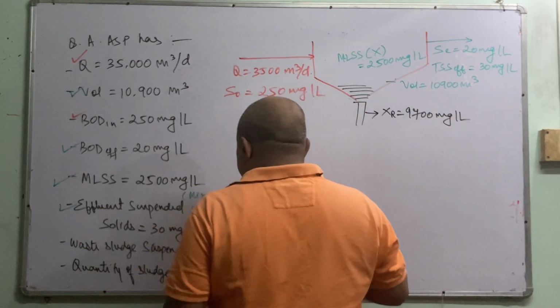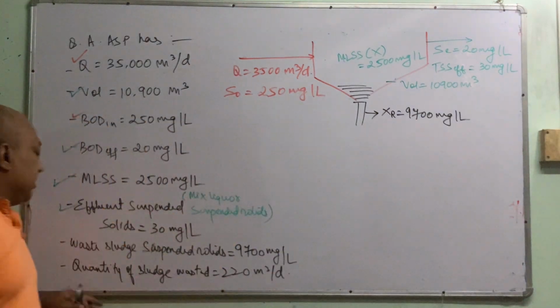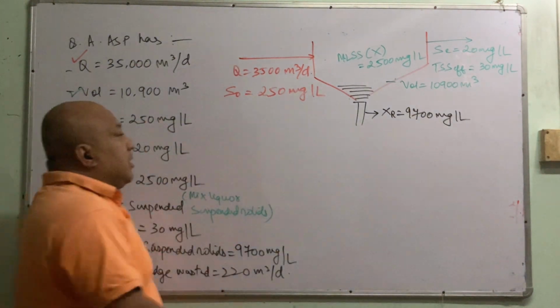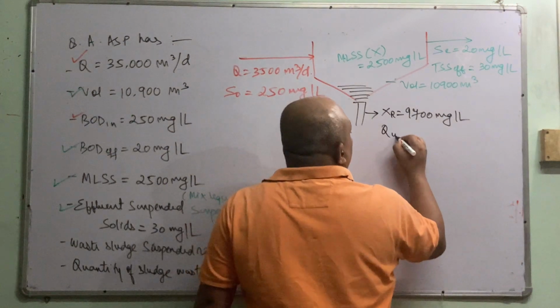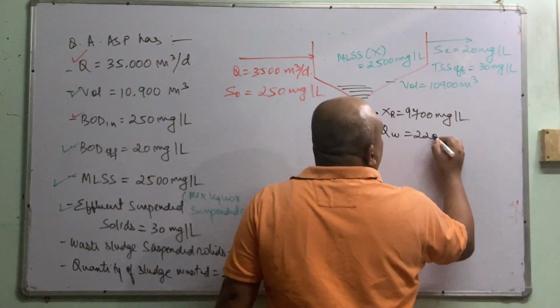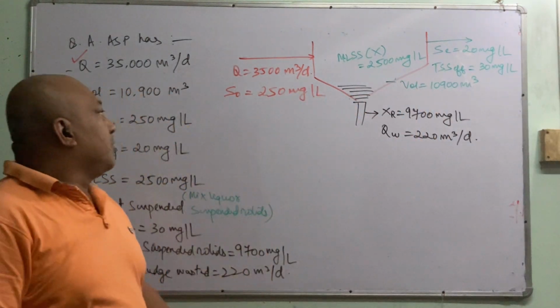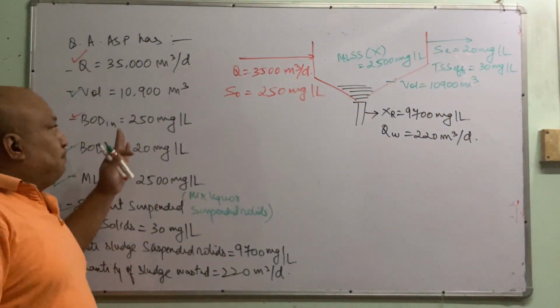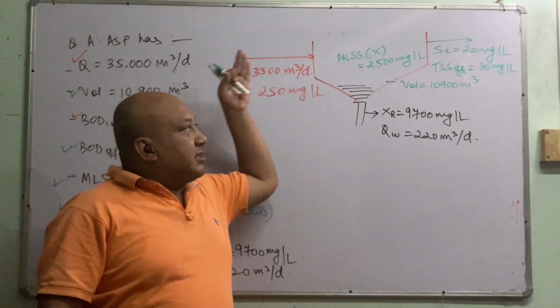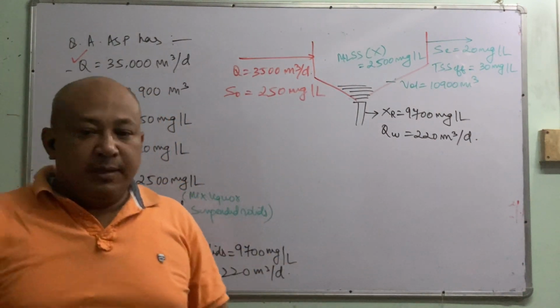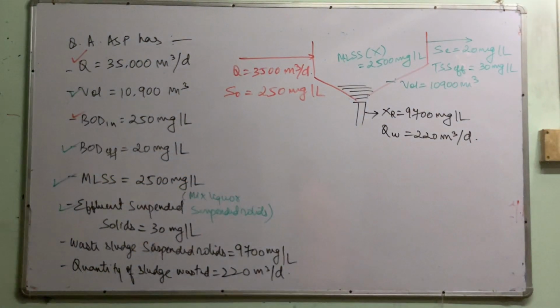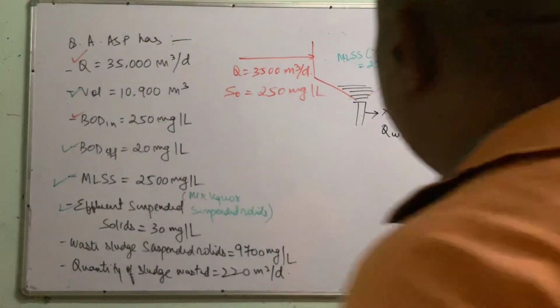And the quantity of the sludge wasted, this QW, is equal to 220 meter cube per day. This is the picture. The whole question is pictured like this. Is that clear? Let me see the video. It's still recording. Yeah, going well.